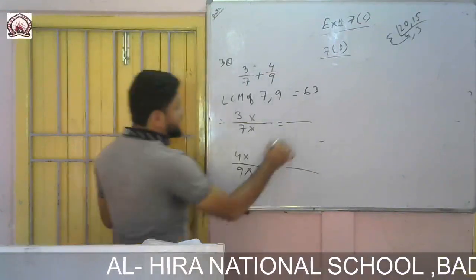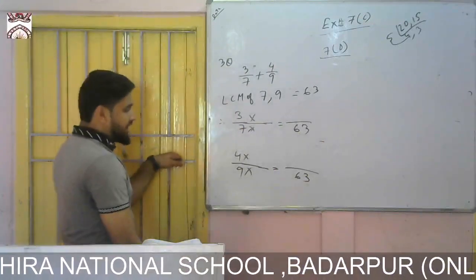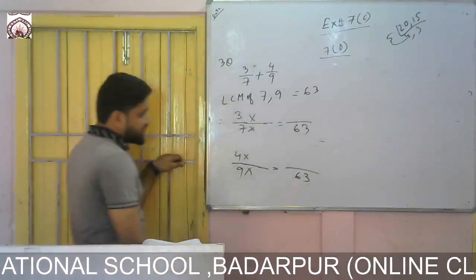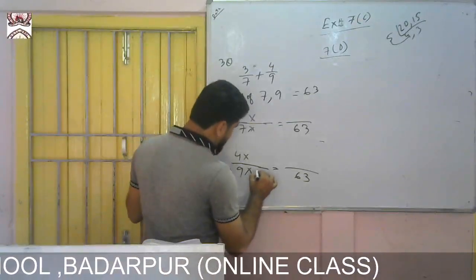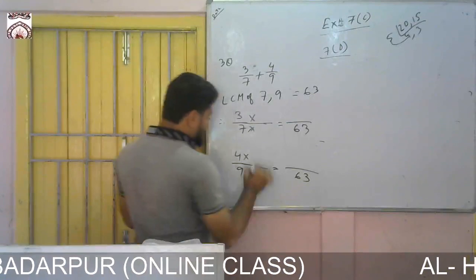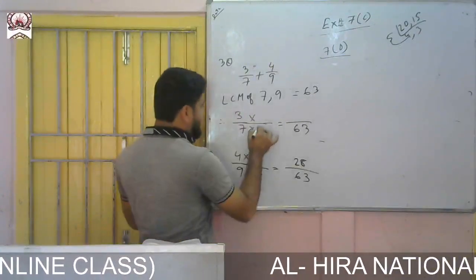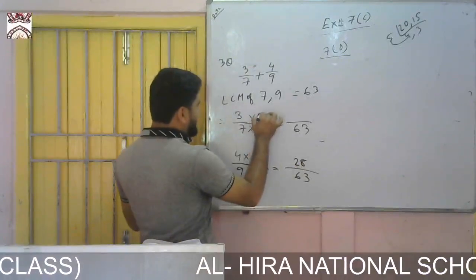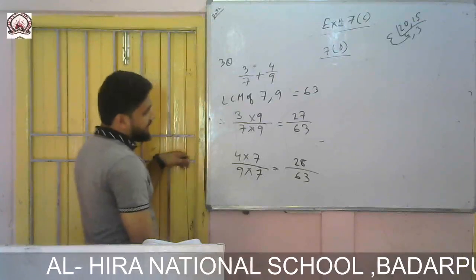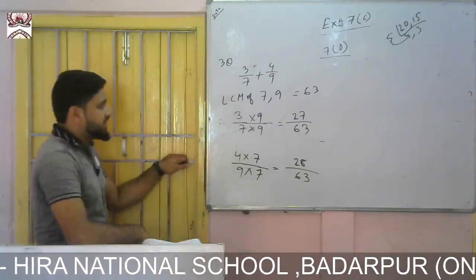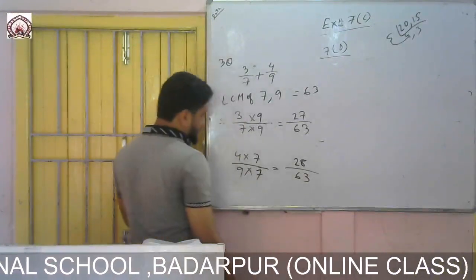Okay, so what we got? 63 as the LCM. So 9 sevens are 63, and 7 nines are 63. So 3 nines are 27 and 4 sevens are 28.